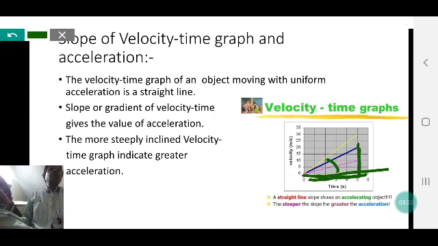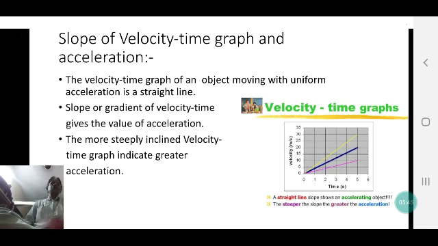But the slope of the distance time graph gives the value of speed, while the slope of the velocity time graph gives the acceleration. Now look here. If an object moves with uniform acceleration, the velocity time graph is a straight line.